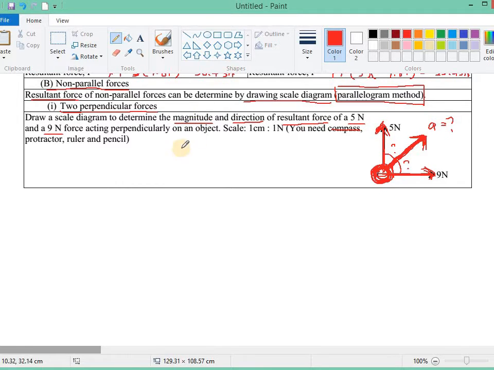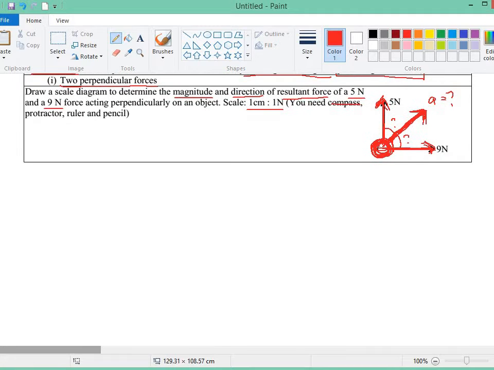Okay, so what is this parallelogram method? The parallelogram method is where we draw a parallelogram to represent the forces that act on a certain object. The scale here is 1 centimeter to 1 Newton. That means 1 centimeter represents 1 Newton.